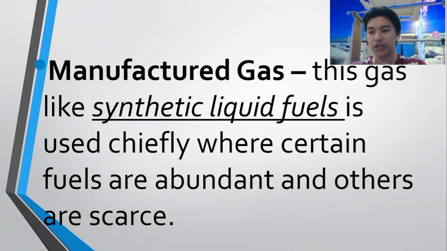Next is the manufactured gas. Manufactured, it goes through a process. This gas, like synthetic liquid fuels, is used chiefly where certain fuels are abundant and others are scarce. I have already told you what is meant by synthetic: synthetic liquid fuels that go through a process.